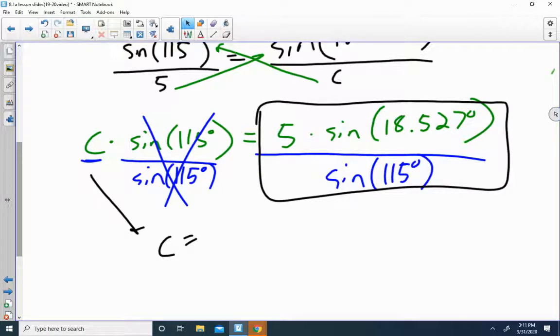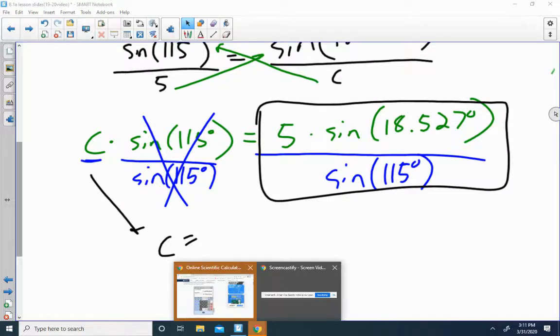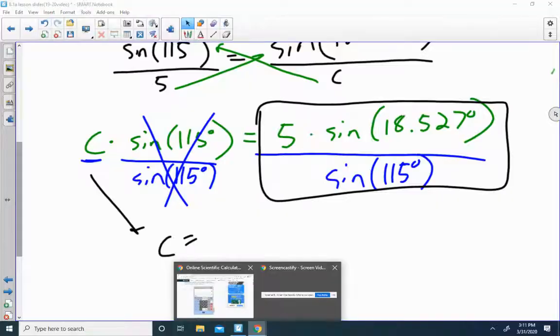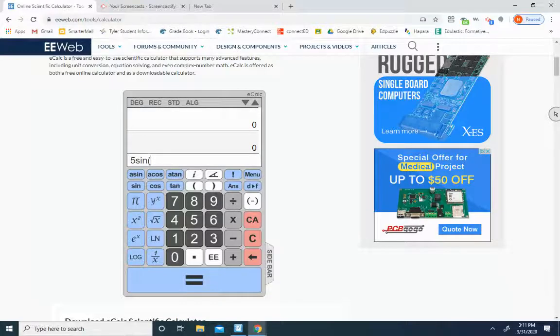So let's go ahead, type it on the calculator, see what we get. So clear, we'll do 5 times sine of 18.527.